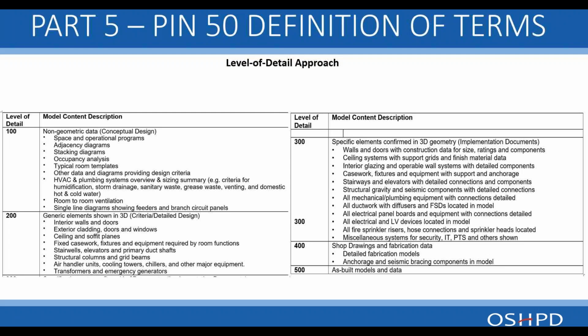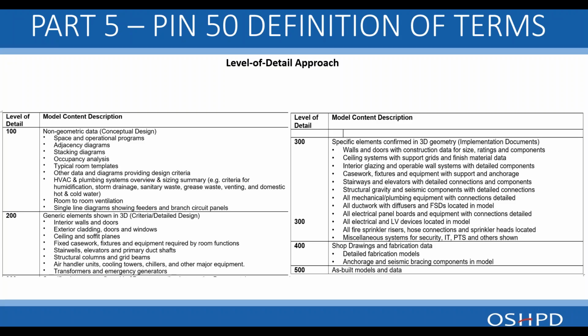So this table is a good table to use when breaking the plan review up into segments at certain parts of design. For example, level 100 is conceptual design, and those items there could be submitted as a segment in a phased review at maybe 50% conceptual design, for example.